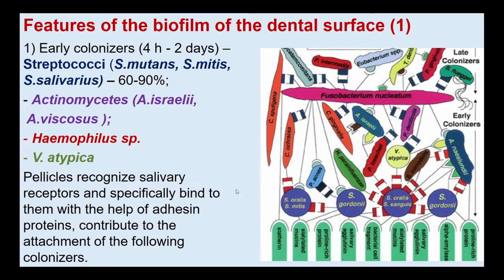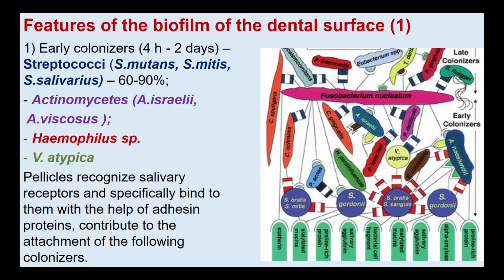After this, actinomycetes start to adsorb, maybe Actinomyces israelii, viscosus, naeslundii, and Haemophilus, for example Haemophilus parainfluenzae, Veillonella, maybe Eikenella, attaching on the surface of Streptococcus, with co-aggregation between them.